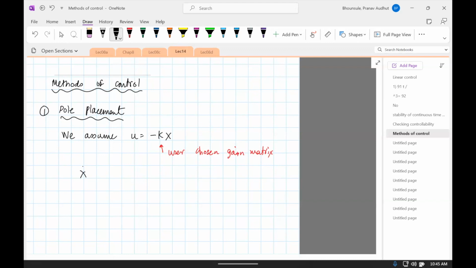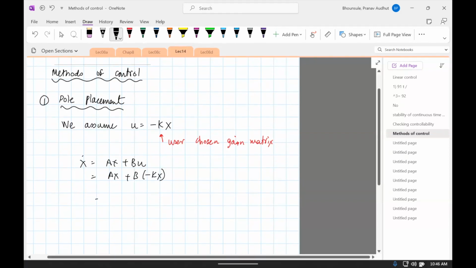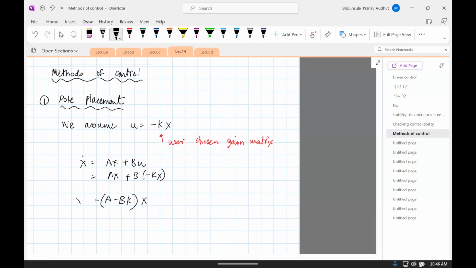Now we have the system x dot equals Ax plus Bu. We substitute the value of u, minus Kx, so we end up with (A minus BK) times x.